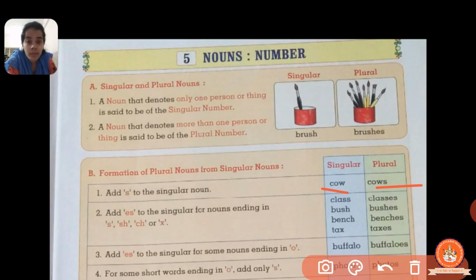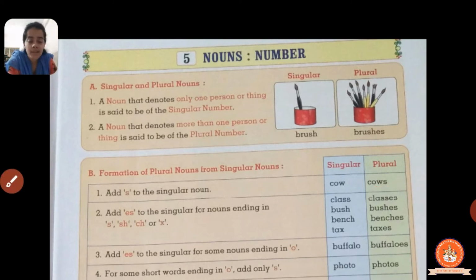I mean singular number. If it's more than one, it's 2, 3, or more than 4, 5, then we'll write it as cows for converting into the plural. In the same way, you can say pen, pens, books, tables, pencil, pencils. So this is converting a singular noun into the plural noun.